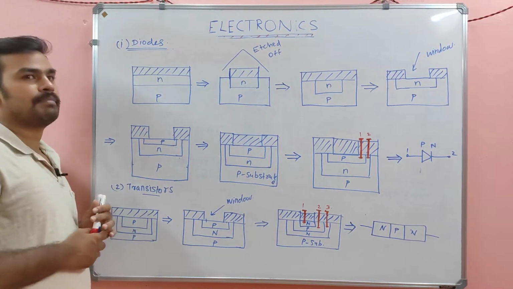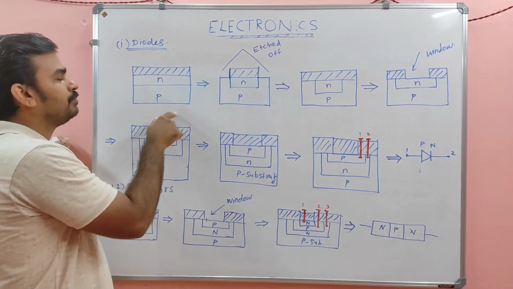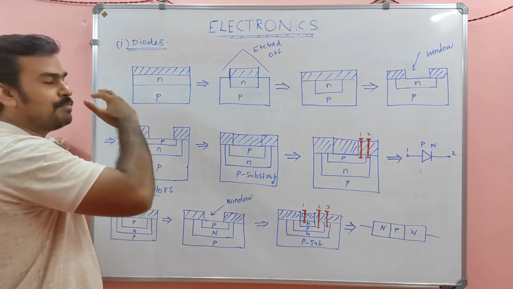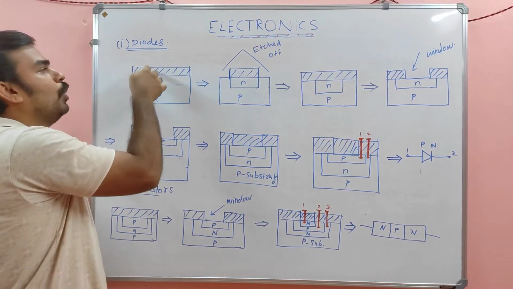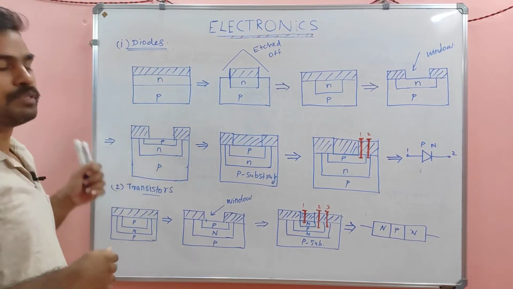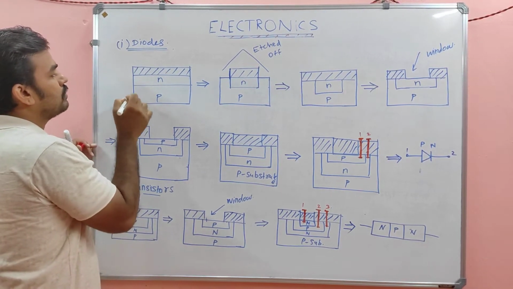So a chip is nothing but, my dear, what? A P substrate will be there. So the last step now, epitaxial N layer formed. Over that SiO2 layer also formed. So I will mark that also. This is the substrate.